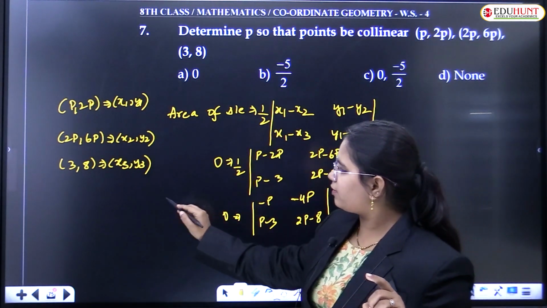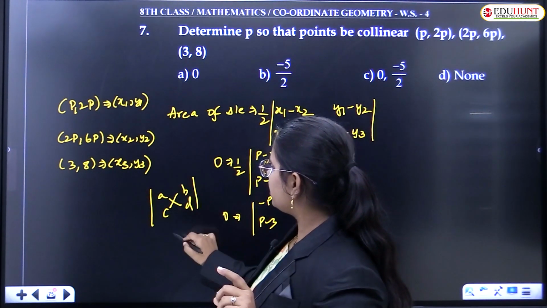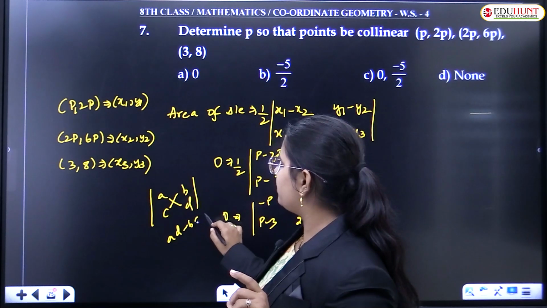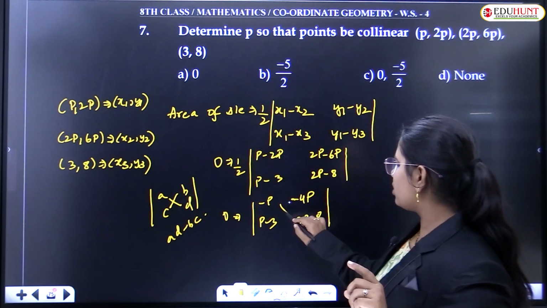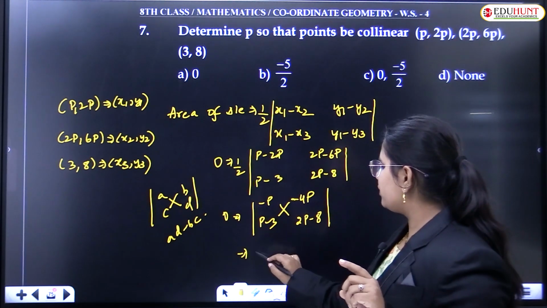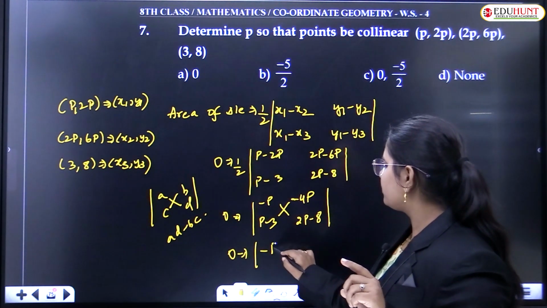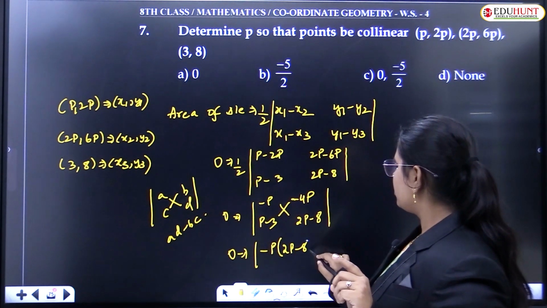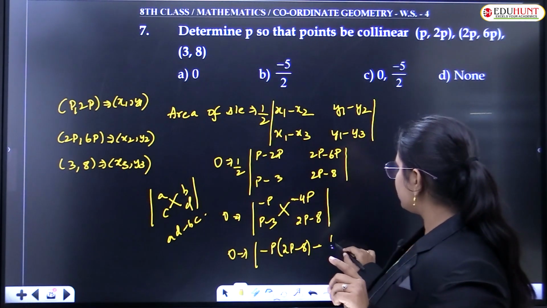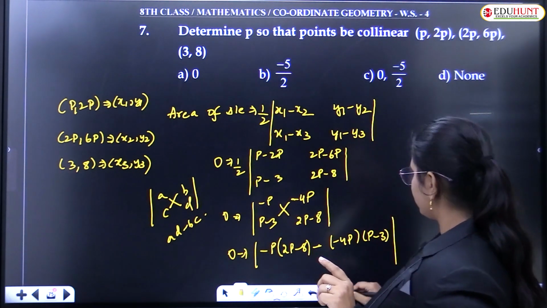If it is in the format of A, B, C, D, just do the cross multiplication and the formula is AD minus BC in the determinant form, right? So let's cross multiply these both. What you will have? 0 is equal to minus p into 2p minus 8 minus of, this is again minus 4p into p minus 3, correct?